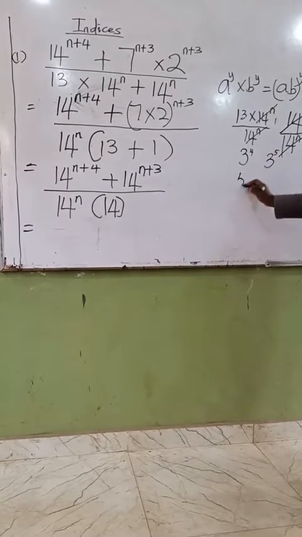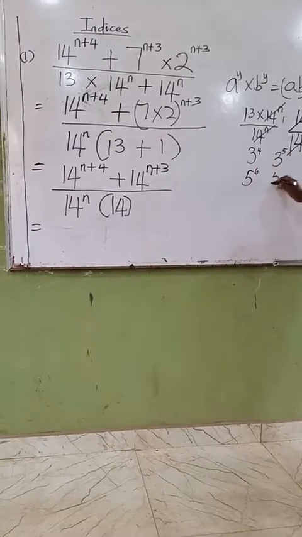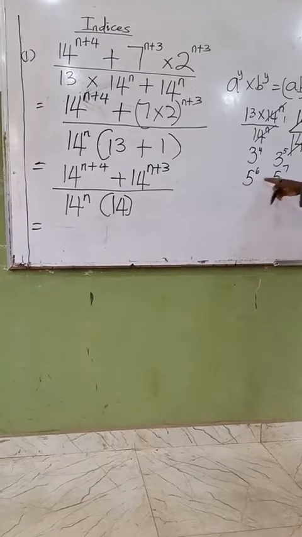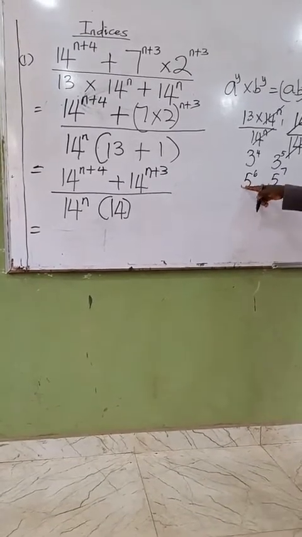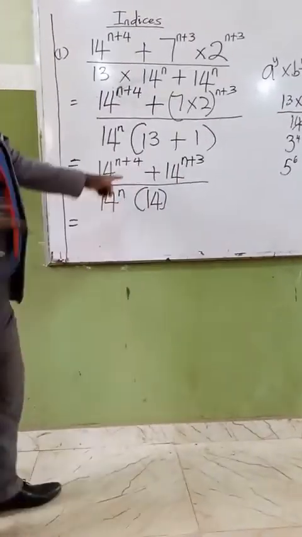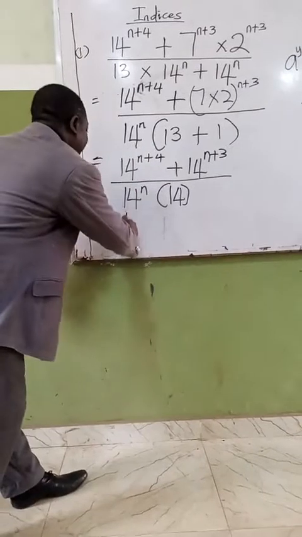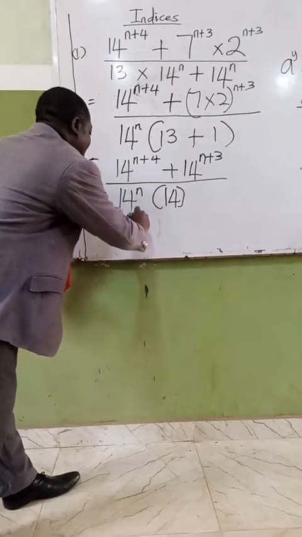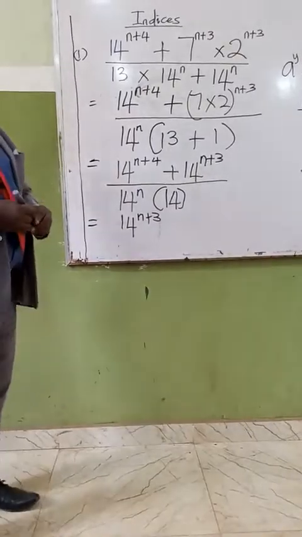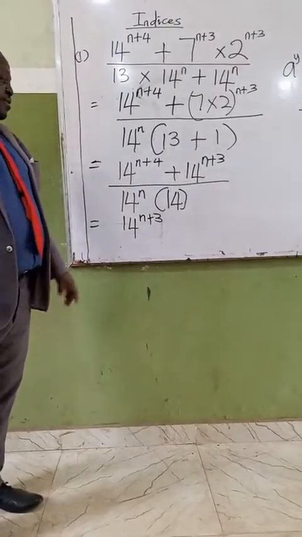If you have 5 raised to power 6 and 5 raised to power 7, the highest common factor of these two expressions is 5 raised to power 6. So from here, the highest common factor is going to be 14 raised to power n plus 3.